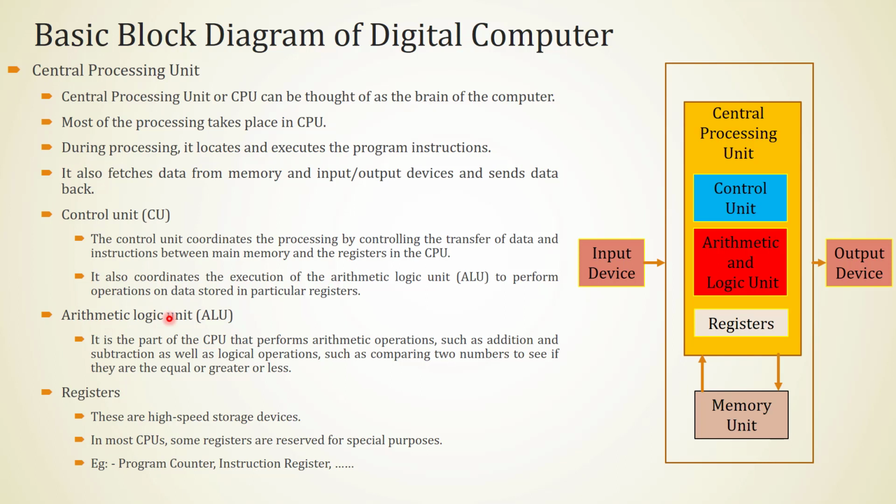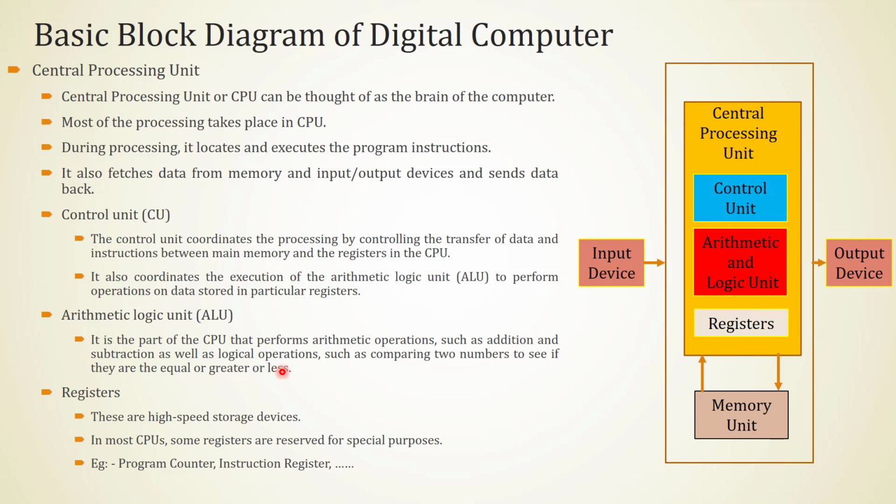Next is the arithmetic logic unit. It is the part of the CPU that performs arithmetic operations such as addition and subtraction, as well as logical operations such as comparing two numbers to see if they are equal, greater or less. You all know what arithmetic operations are: addition, subtraction, multiplication and division.